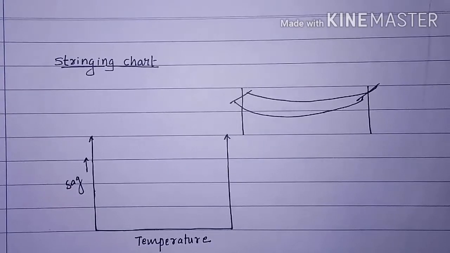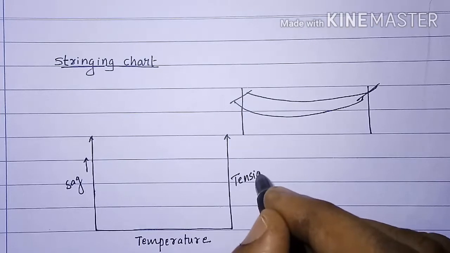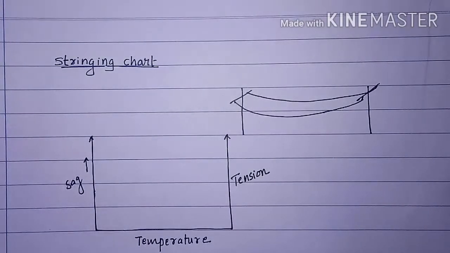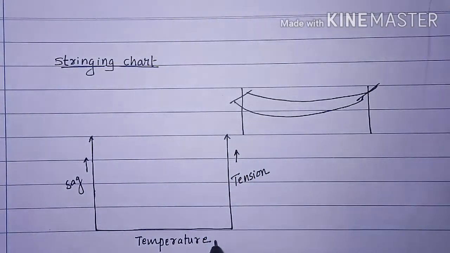The other curve is for tension versus temperature. This is the direction of increase of temperature.